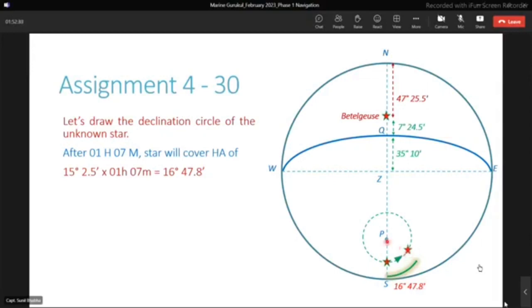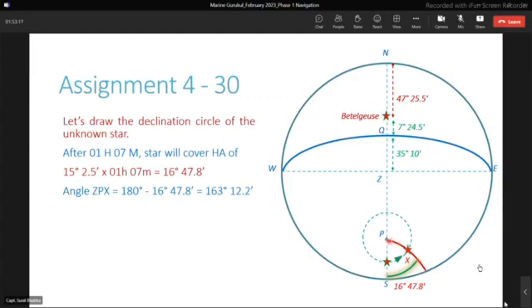Now let me draw the celestial meridian of the star. We name the star as X, and PX represents the celestial meridian of this particular star. Now once I have the celestial meridian on the diagram, I can now also easily find out angle ZPX. Pay your attention to this particular angle, ZPX.